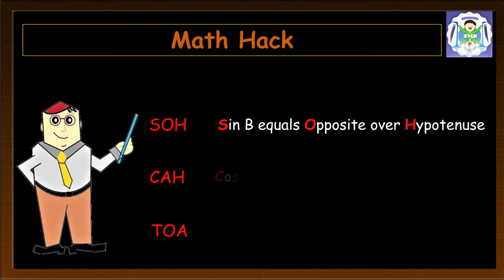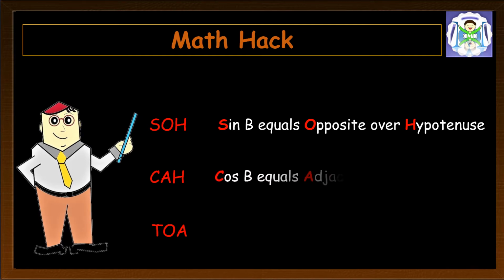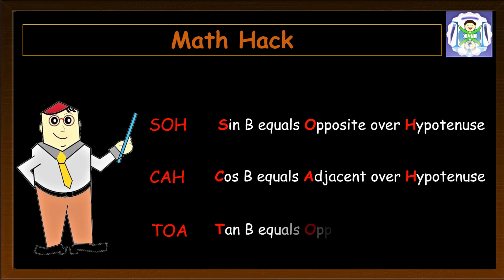CAH means cos B equals adjacent over hypotenuse. And the last, TOA, tan B equals opposite over adjacent.